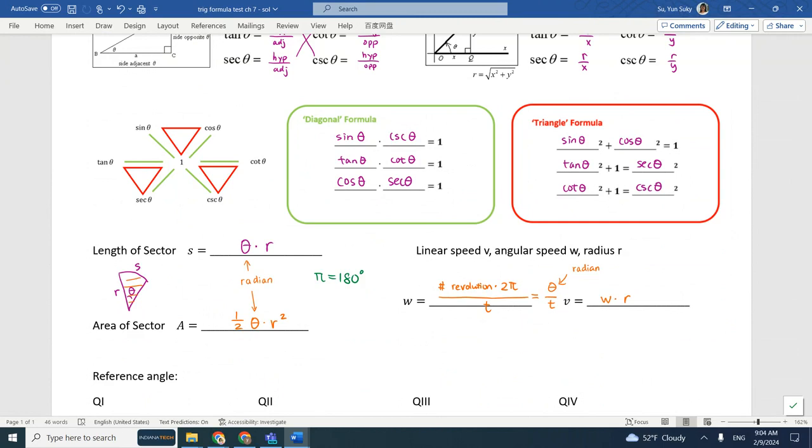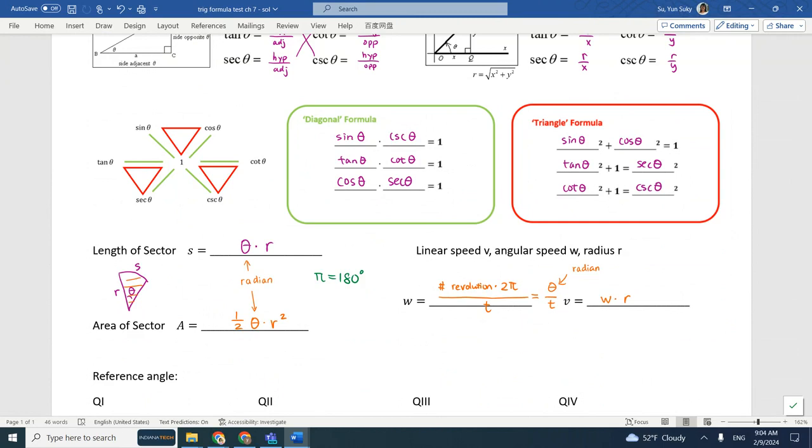But maybe the problem gives you 5 radian in 2 seconds. Then you use 5 radian over 2 seconds. You get 2.5 radian per second. So that is the angular speed. Is that okay, everybody?